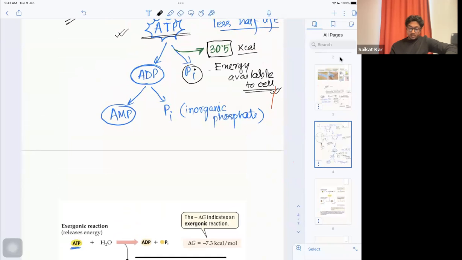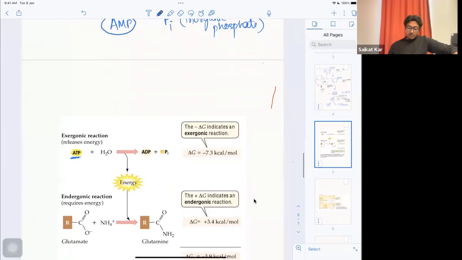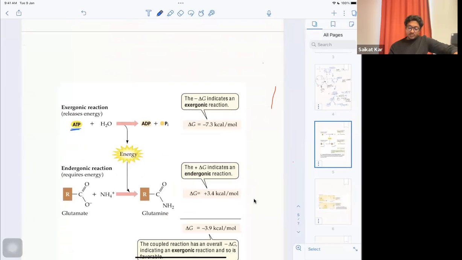Sorry, it is in calorie, not kilocalorie. It's in joule maybe. 30.5. So now you can see this reaction.